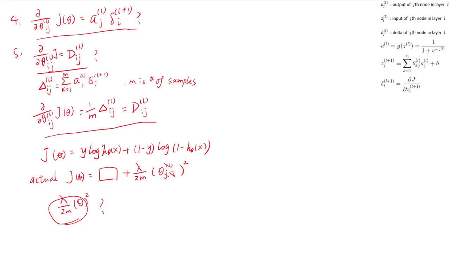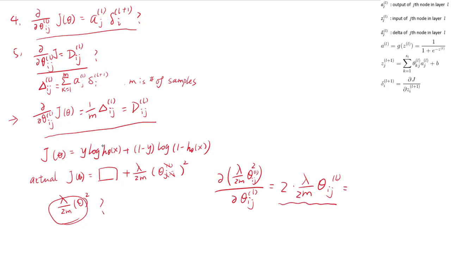If we take only the partial derivative of this term for each theta ijl, same as what we have here, then we see that it equals 2 times lambda over m theta ijl, which is lambda divided by m theta ijl. That's why in the slide we finally have the two forms of D here.